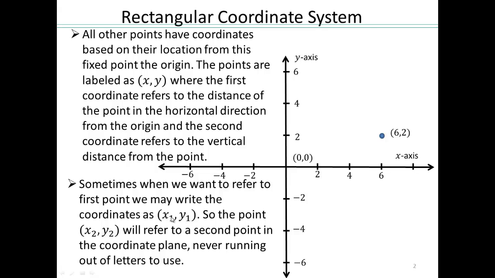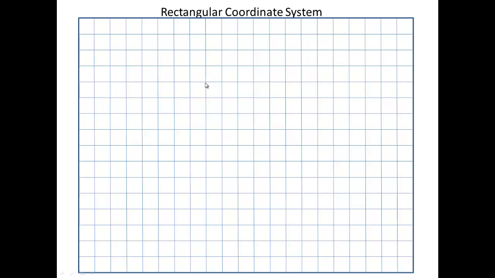The subscripts allow us to generate more variables, because there are only 26 letters in the alphabet, so we may run out of letters if you have more than 26 points. This is a clever way to represent generic points, which you'll see a little later that we will make use of. Either way, the x coordinate is how far you went horizontally from 0, 0, and the y coordinate is how far vertically you went from 0, 0.